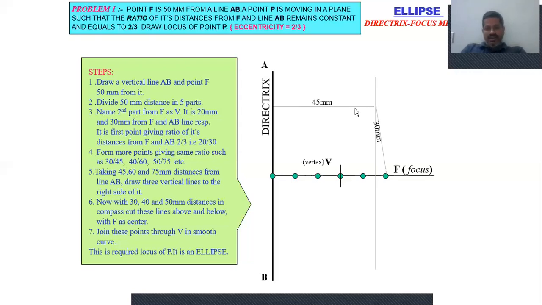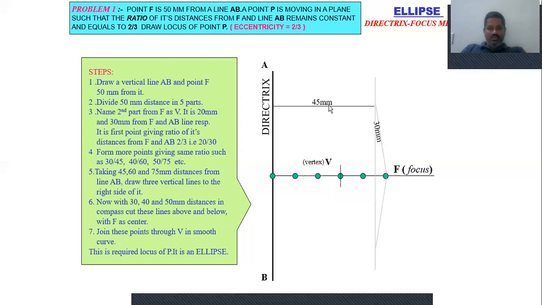So we take 45 and take 30. Draw a line at a distance of 45. Then take 30 mm in our compass and intersect this, and you will get one point here. Now take 60 mm.